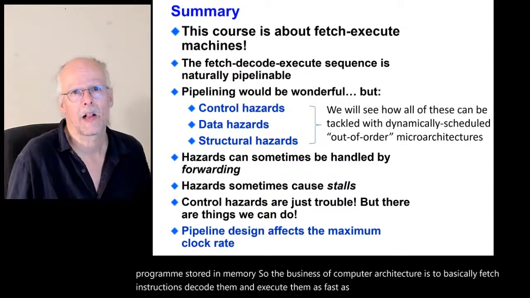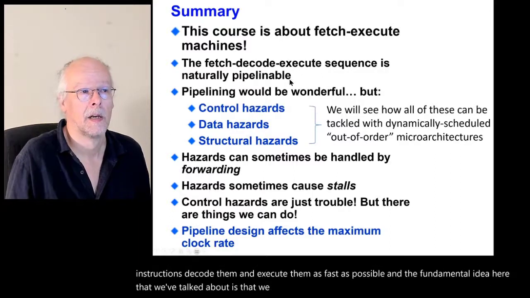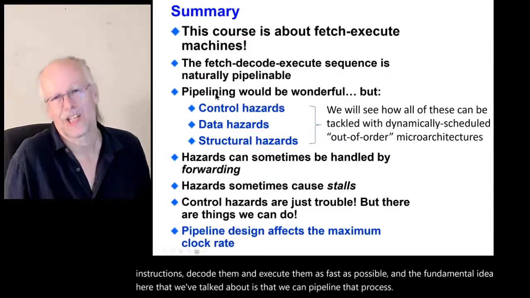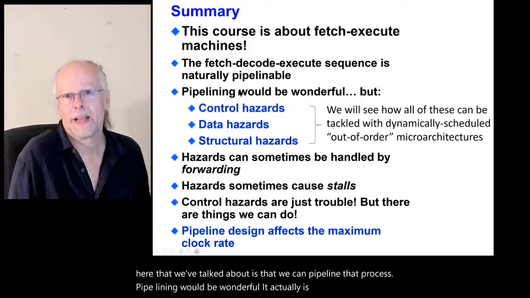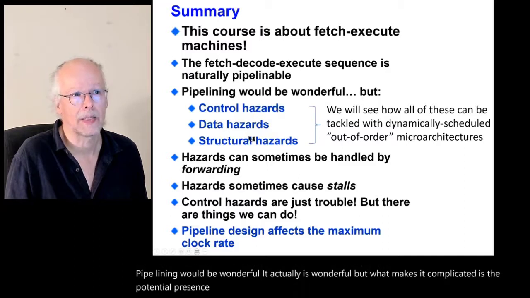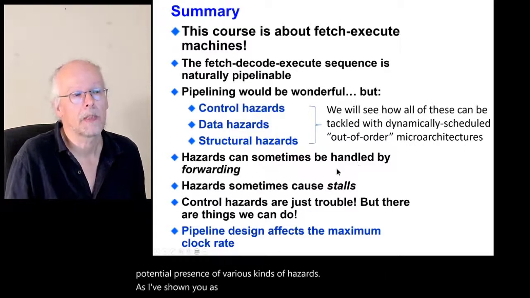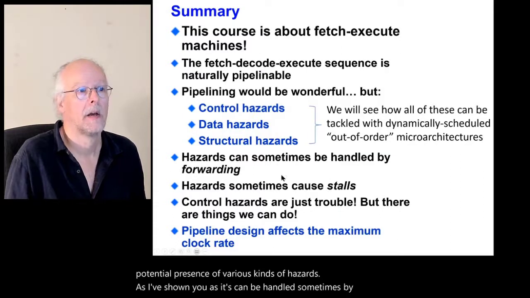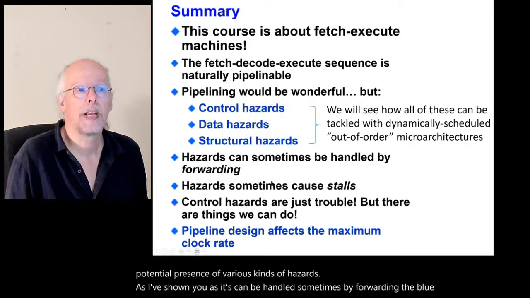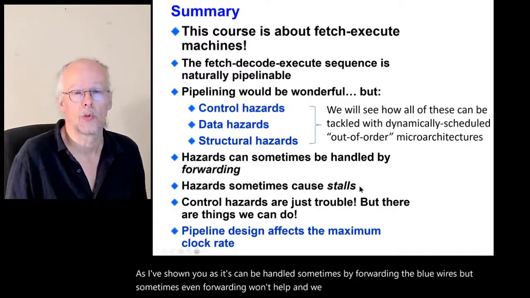And the fundamental idea here that we've talked about is that we can pipeline that process. Pipelining would be wonderful, it actually is wonderful, but what makes it complicated is the potential presence of various kinds of hazards. As I've shown you, hazards can be handled sometimes by forwarding, the blue wires, but sometimes even forwarding won't help, and we need to introduce stalls or bubbles.